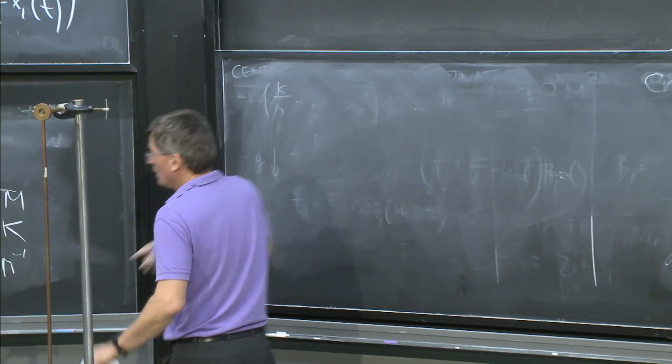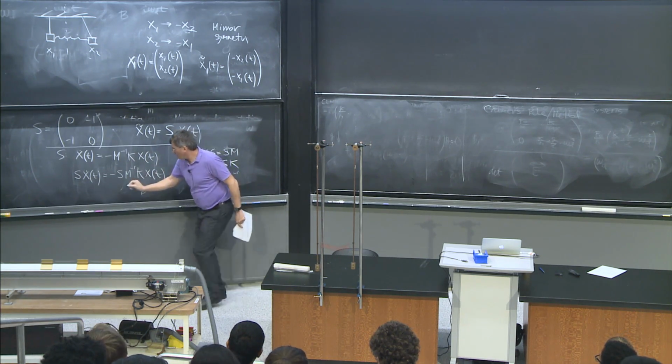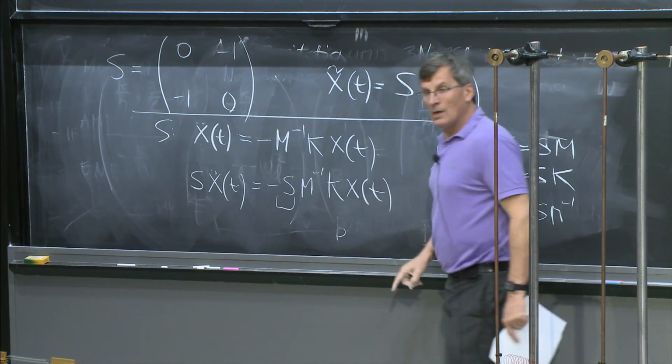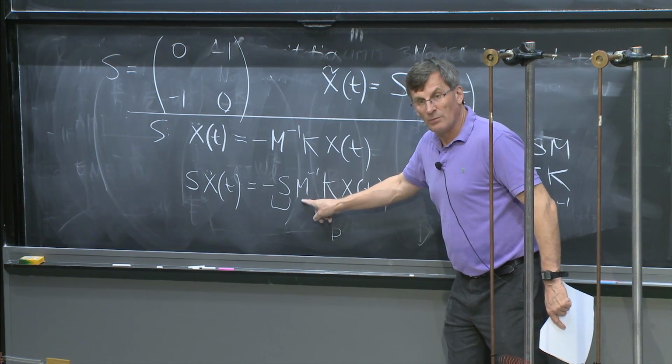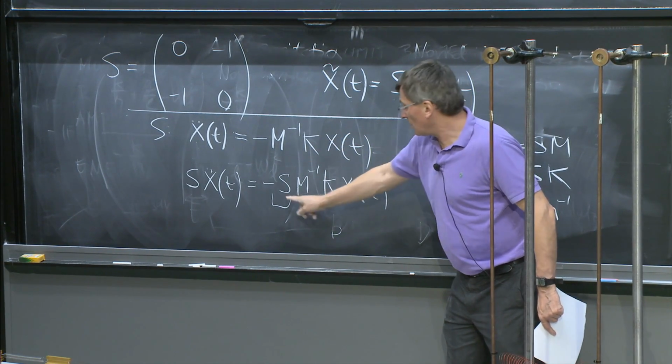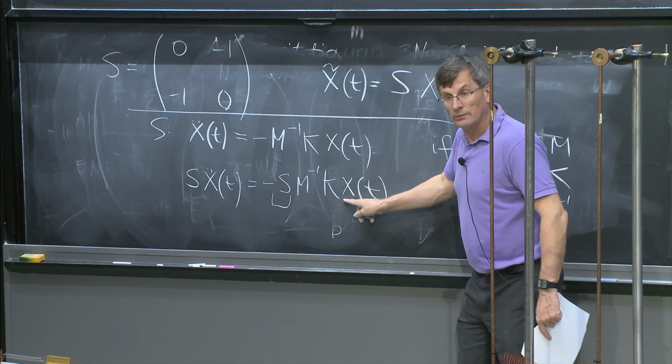So I can take this equation, and I can take this S here, and I can just move it around. I can flip it with m minus 1, right, because the order doesn't matter. So I can bring it here. And I can flip it with k, because the order doesn't matter. I can bring it here.